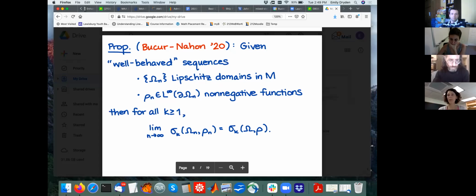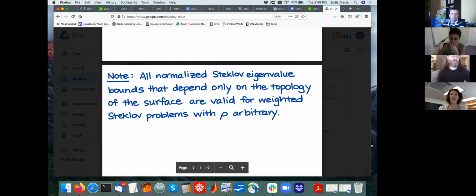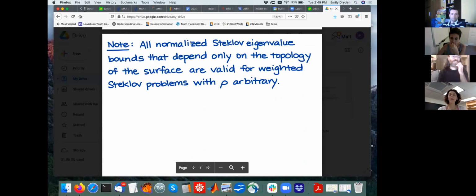So the point here is that we're then able to say all those normalized Steklov eigenvalue bounds that depend only on topology are valid with rho arbitrary. So even if they were only originally proved for rho equal to 1, you don't need rho equal 1. Even if they were only originally proved for rho positive, you don't need rho positive.